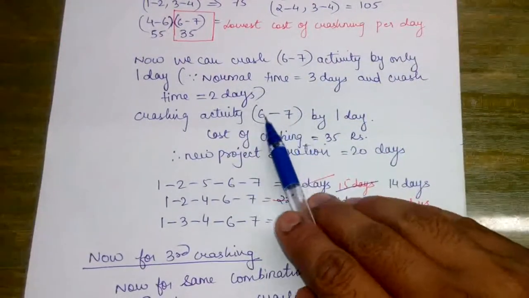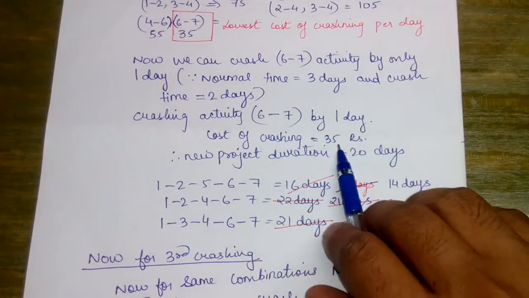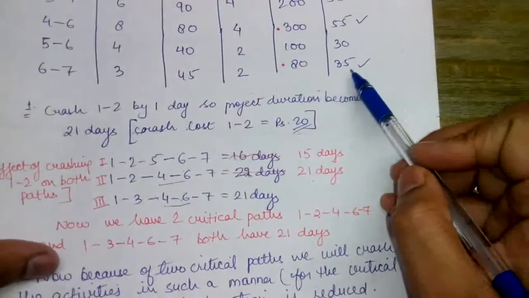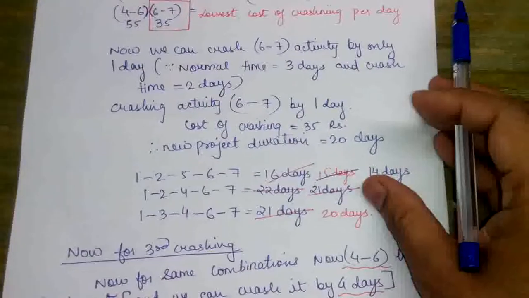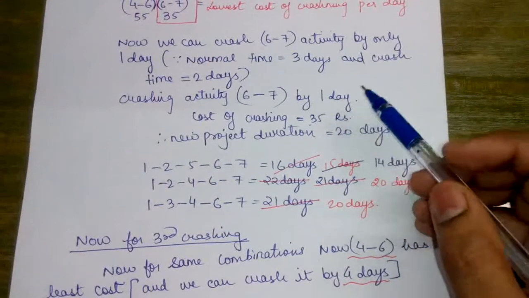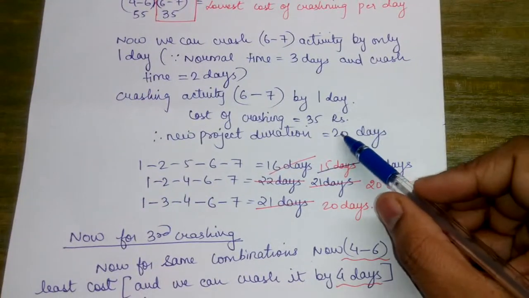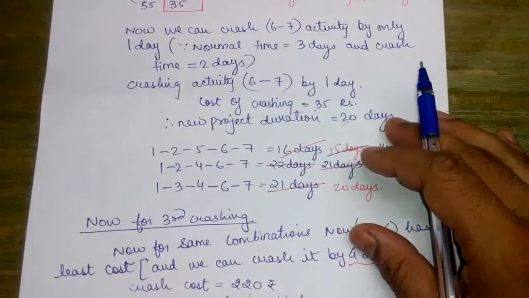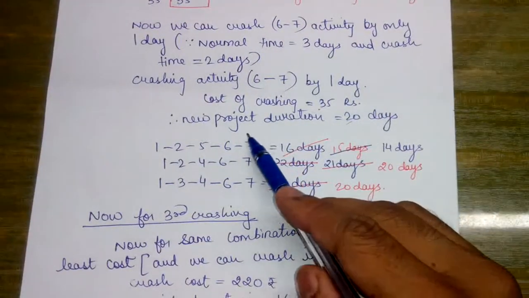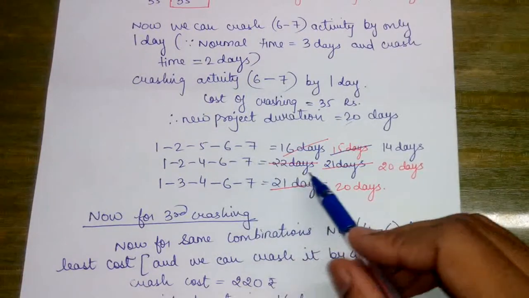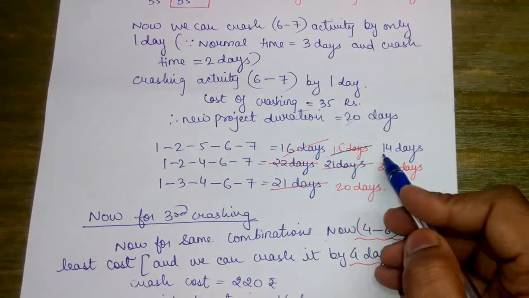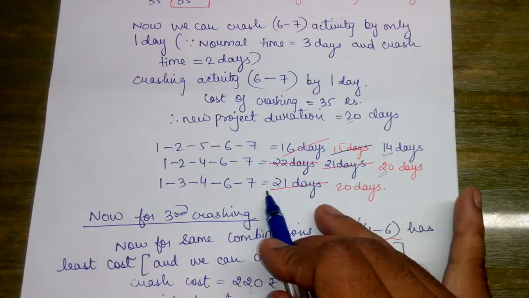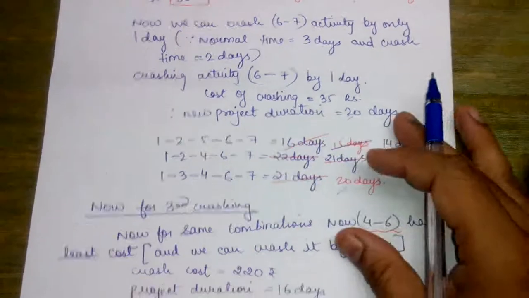So, crashing activity 6 to 7 by one day. The cost of crashing we have already calculated, and it is 35 for the activity 6 to 7. So here it becomes 35. New project duration: since 21 is reduced by one day, the new project duration becomes 20 days. Now 6 to 7 is included in all these paths, so 15 is reduced to 14, 21 is reduced to 20, and this is also reduced to 20.